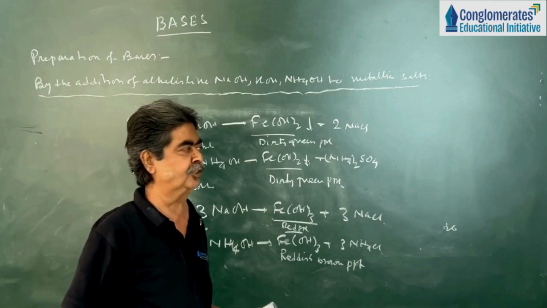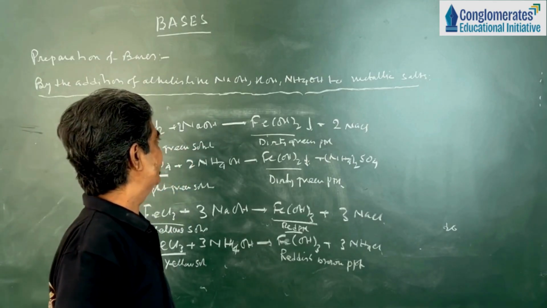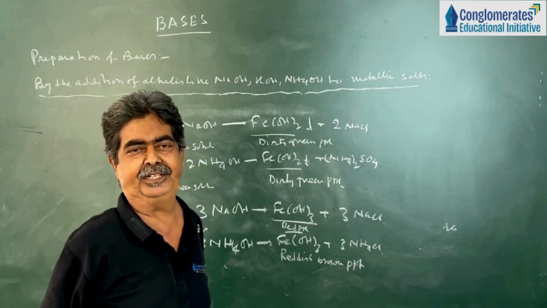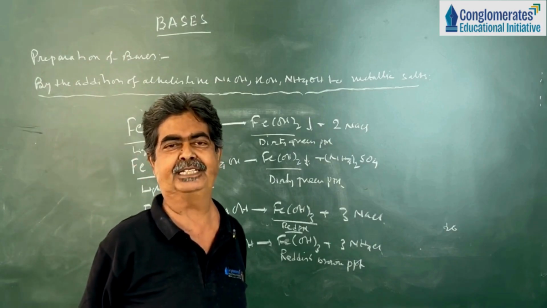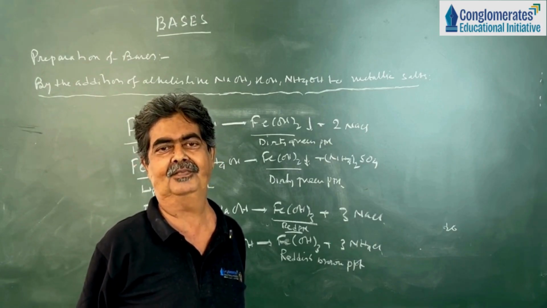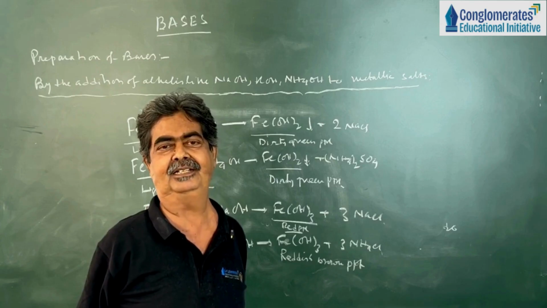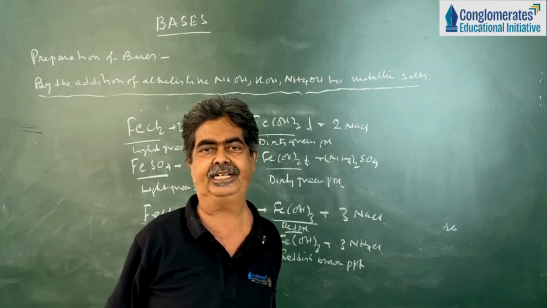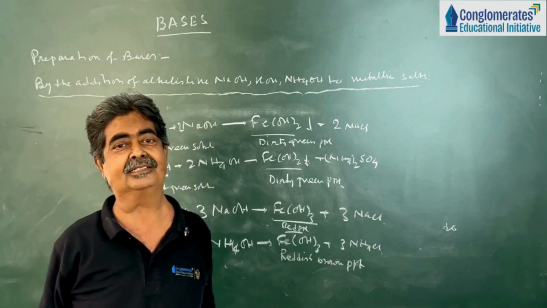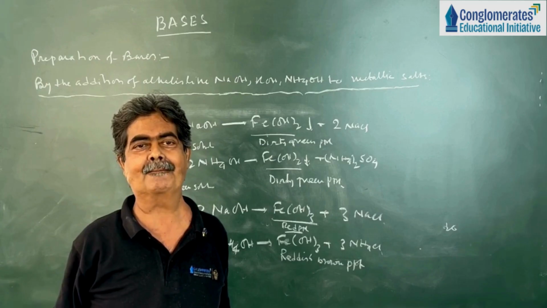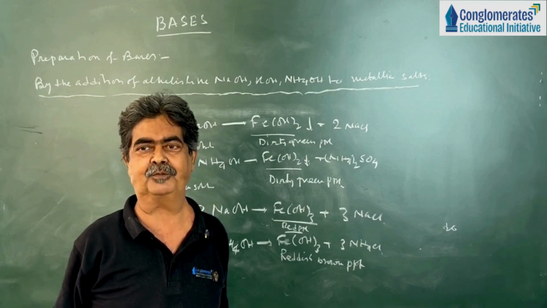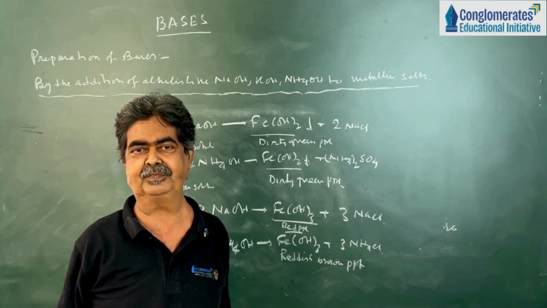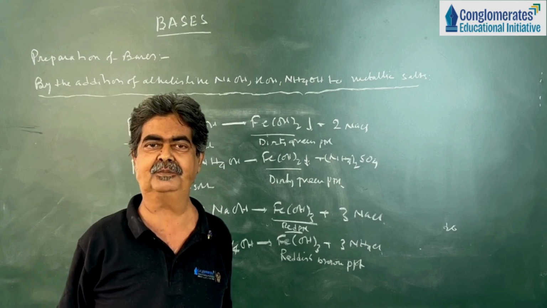Okay, then let me conclude that in case of ferrous and ferric salts, they produce the respective hydroxides, but these hydroxides do not dissolve in excess of NaOH or NH4OH. But in the other three cases, we find that copper sulfate is soluble in excess ammonium hydroxide, but insoluble in excess sodium hydroxide.